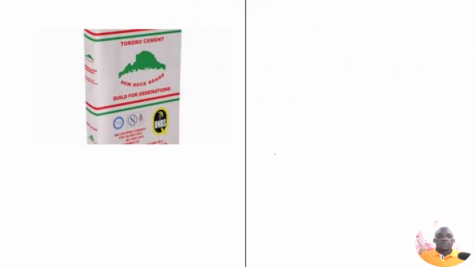We can also have the next one, cement, or somebody can call it slaked lime. This one is alkaline in nature. Cement, the one we use during construction of houses.